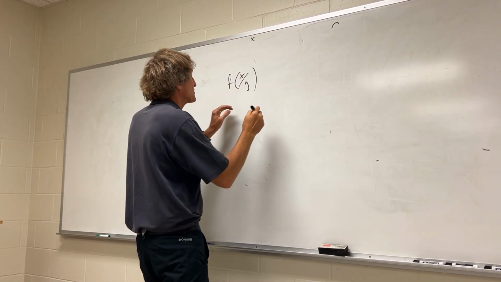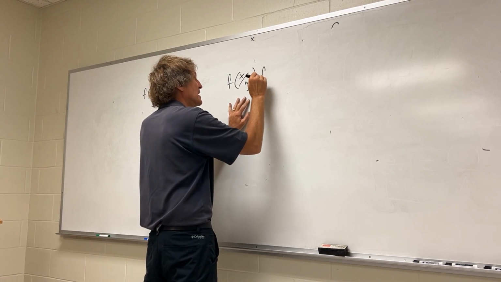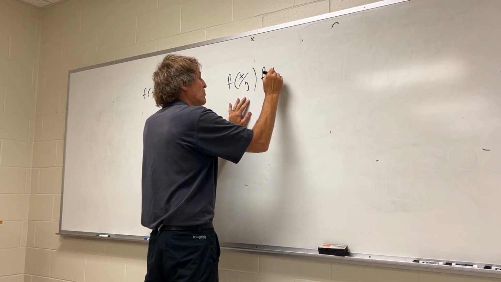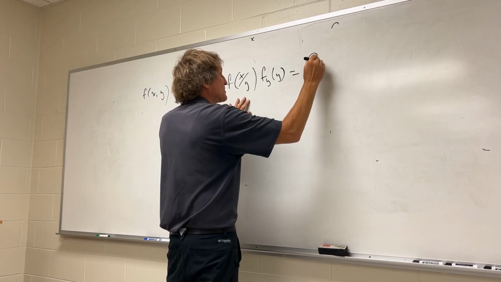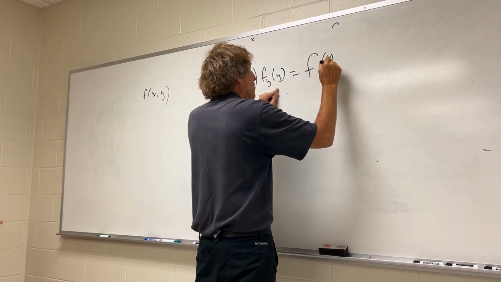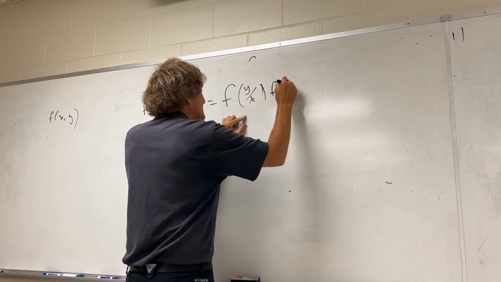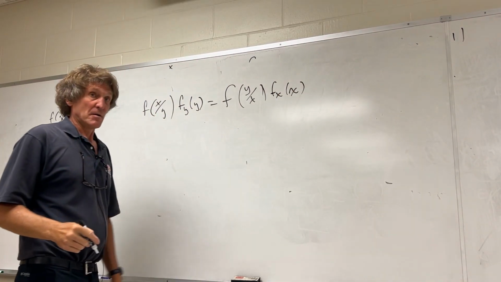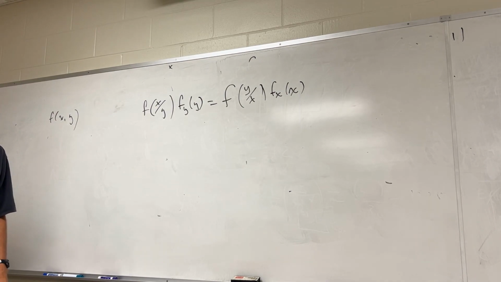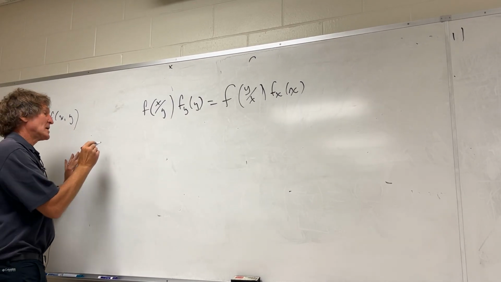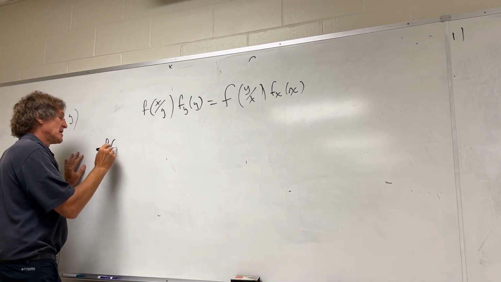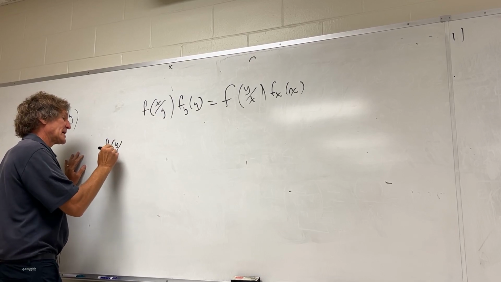Well, I told you this already. If I take this times fy of y, that's the same thing as fy of x, specifying x times fx of x, right? Does everybody follow me on this? Now, what is y given x?